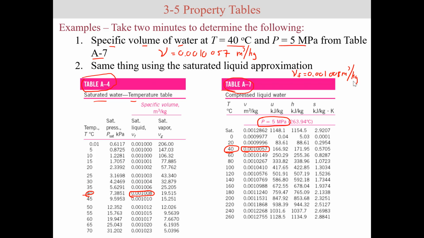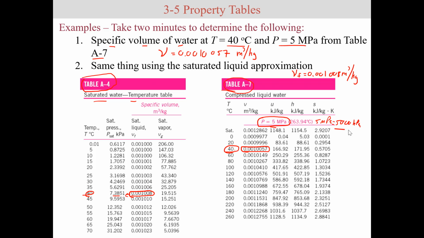It's interesting. The real pressure associated with this value is 7.4 kPa. So you're telling me that water at 40 degrees Celsius and 8 kilopascals has nearly the same specific volume as water at 40 degrees and 5,000 kilopascals, because 5 megapascals is equal to 5,000 kilopascals.